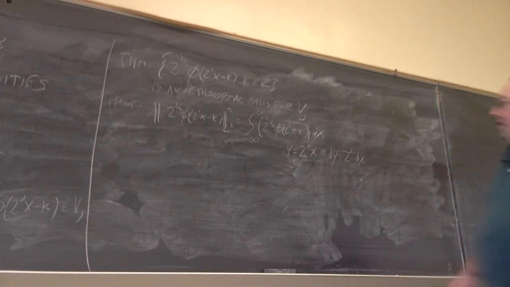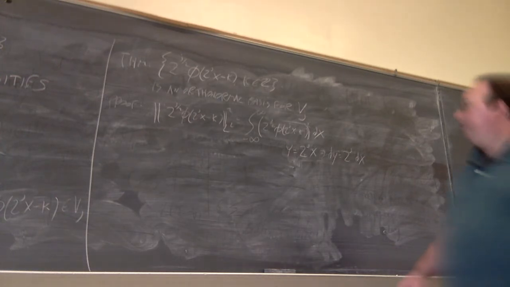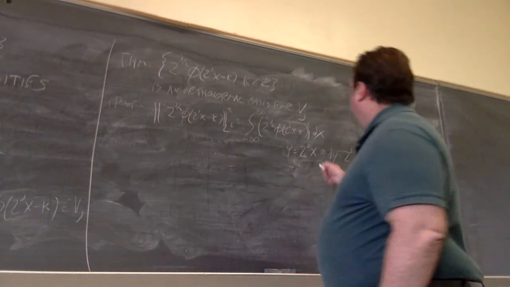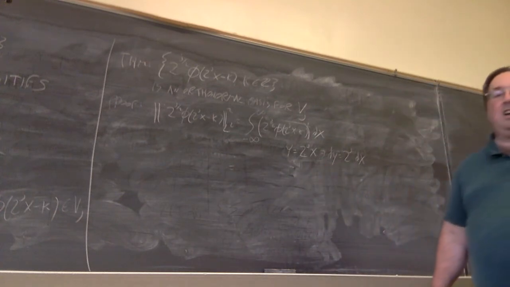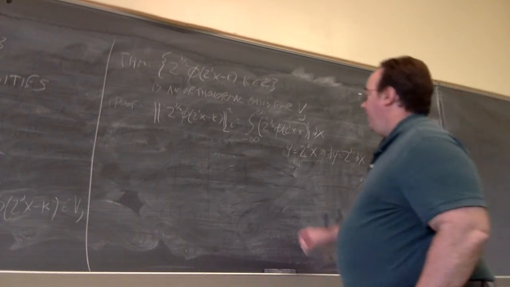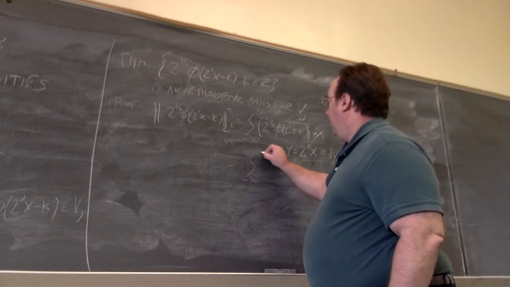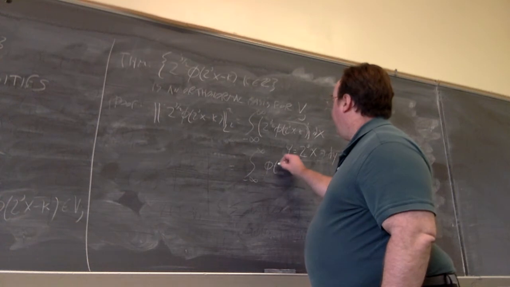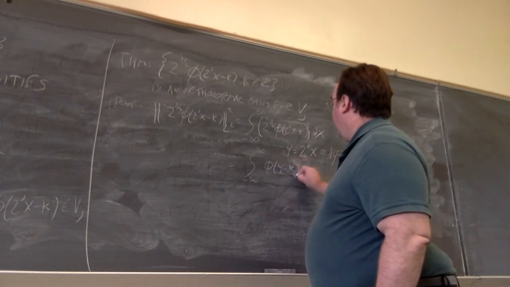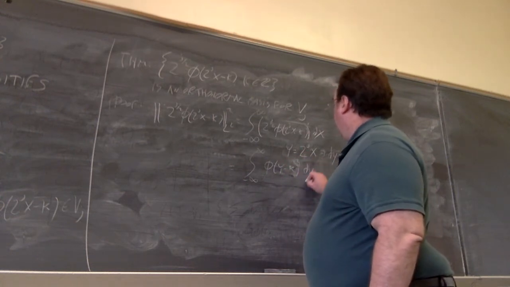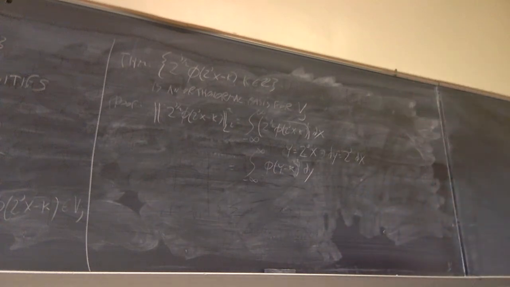Well, I have 2^(j/2) squared, which is 2^j. So 2^j dx is in there, and it becomes dy. Scaling x like this is not going to change the domain of integration. It's still going to be minus infinity to infinity. So I get the integral from minus infinity to infinity of phi(y) squared dy, just from making the change of variable.